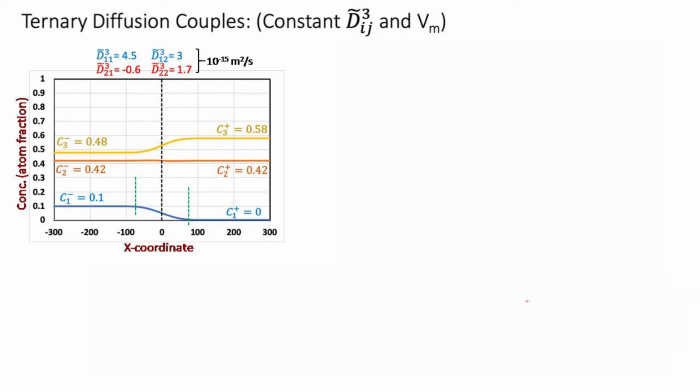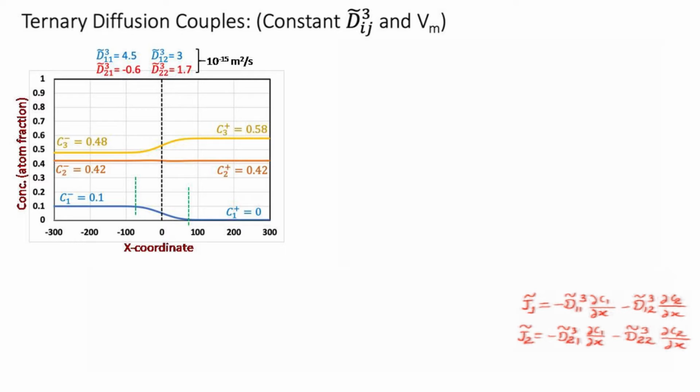So, based on Onsager's formalism of Fick's law, I can write J 1 tilde equal to minus d 1 1 tilde 3 dou C 1 by dou x minus d 1 2 tilde 3 dou C 2 by dou x and J 2 tilde equal to minus d 2 1 tilde 3 dou C 1 by dou x minus d 2 2 tilde 3 dou C 2 by dou x.